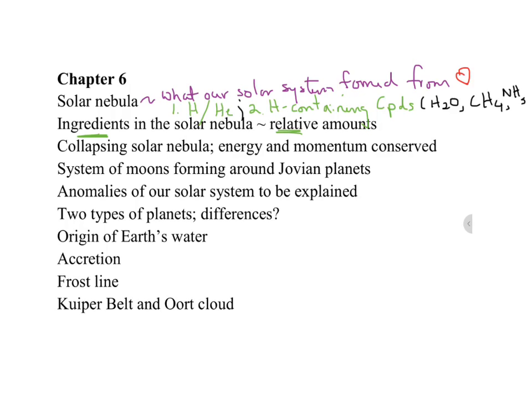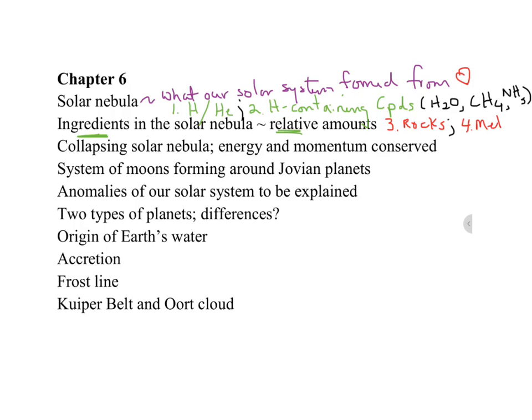Our solar nebula that created the sun and the planets was mostly made up of hydrogen and helium, followed by hydrogen-containing compounds. By far, that's the lion's share of the stuff in the solar nebula.